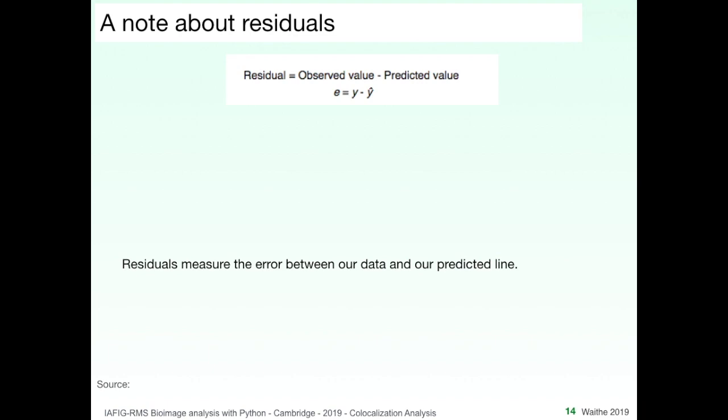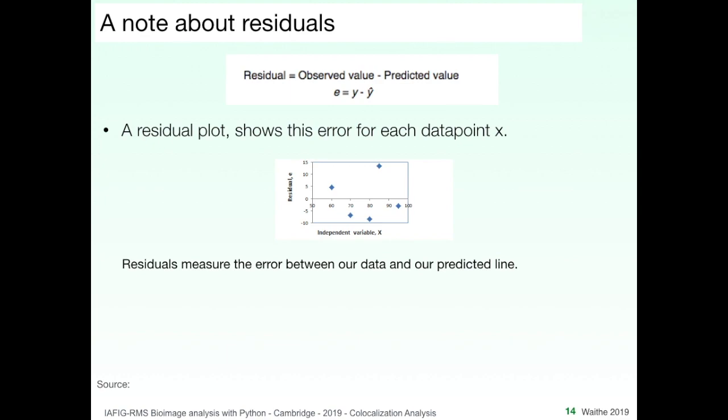So this is basically the error between your model and the data you're trying to fit. What you want to do is minimize that, but typically what we will do is visualize it. For every point that we have, we measure the error between our model and the data point, and what we're looking for is error which is randomly distributed around 0, so some points will be higher, some points will be lower.